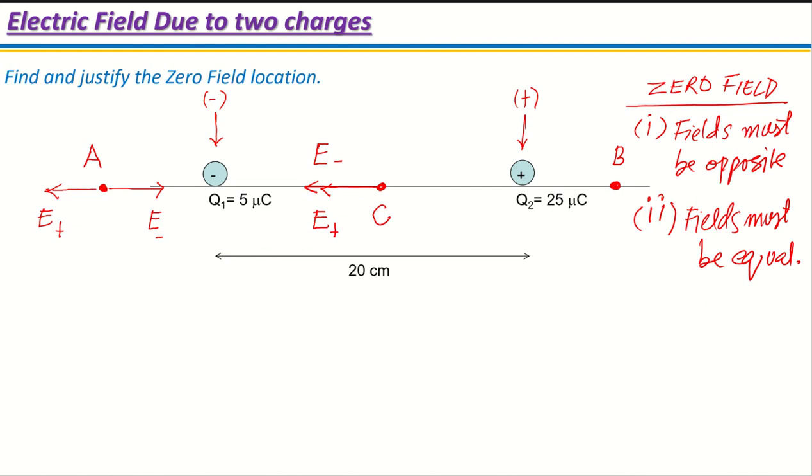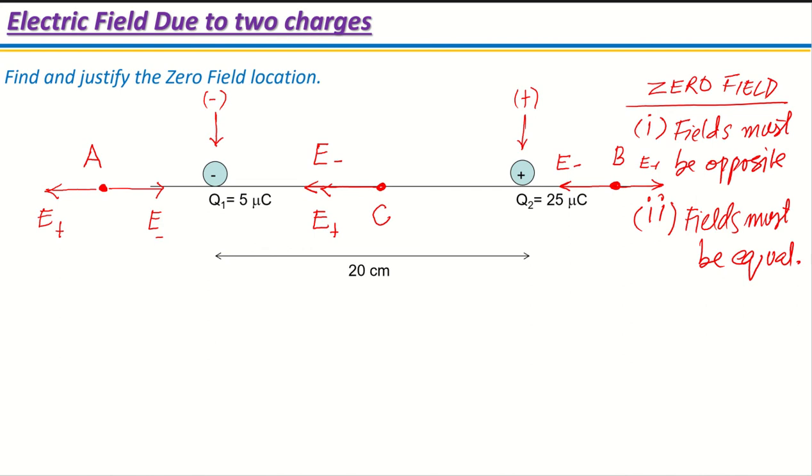Similarly, at B, the electric field due to the negative charge is towards the charge and the electric field at point B due to the positive charge is away from the charge. So there is a possibility of having zero field at A and zero field at B. But there is a possibility only at one place.